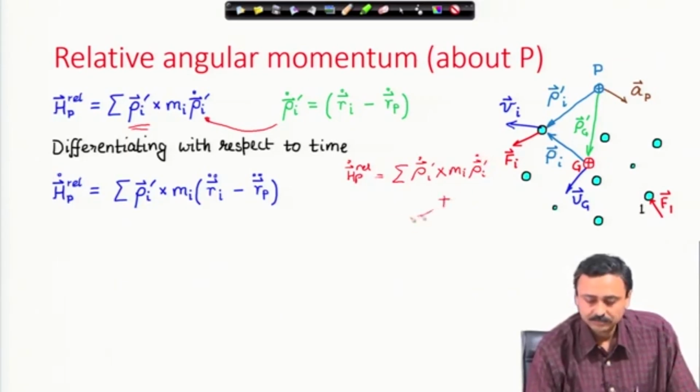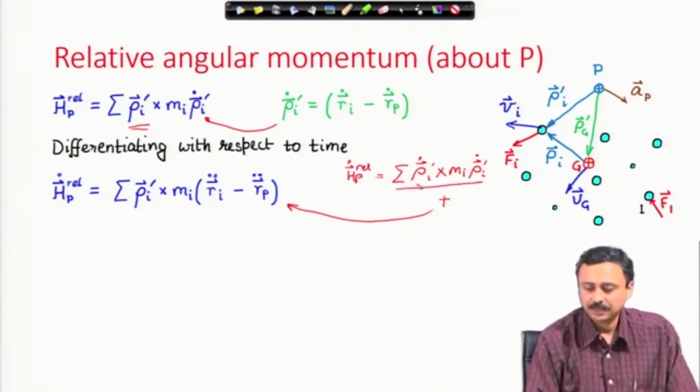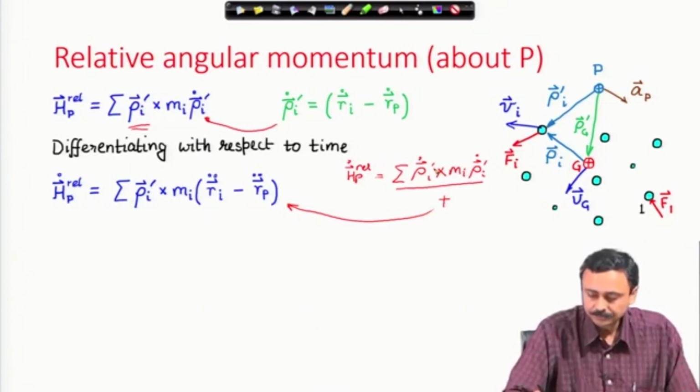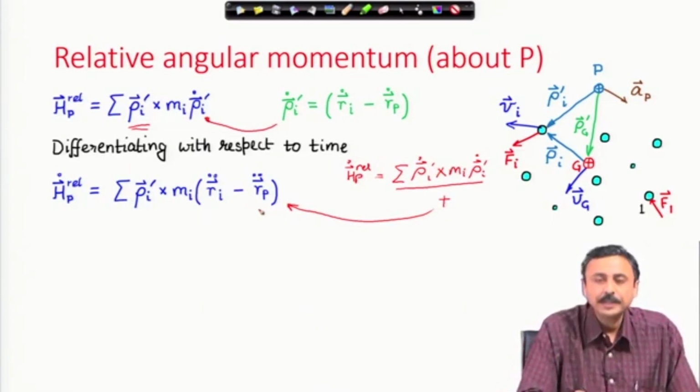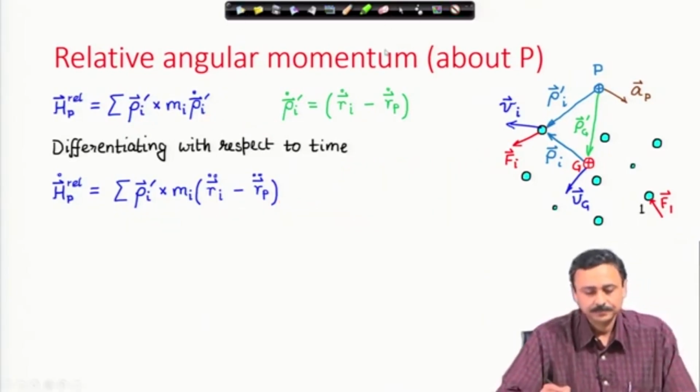This is 0 definitely, because the cross product of two identical vectors is 0. Therefore, the only term that remains is this one.